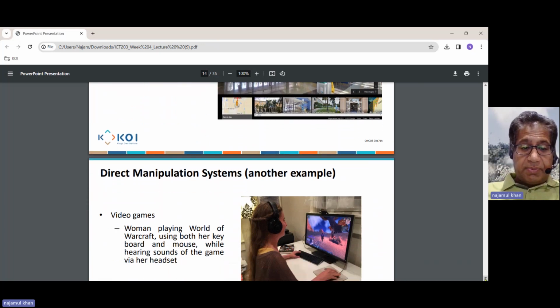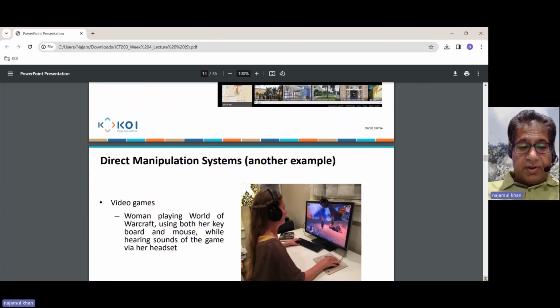Another example here: this woman is playing a video game, World of Warcraft. She is using both her keyboard and mouse while hearing the sounds of the game via her headset. You can see how complete this experience is. Both her hands are busy, her head is busy, her eyes are focused on the game.